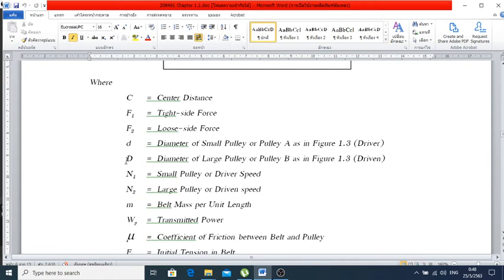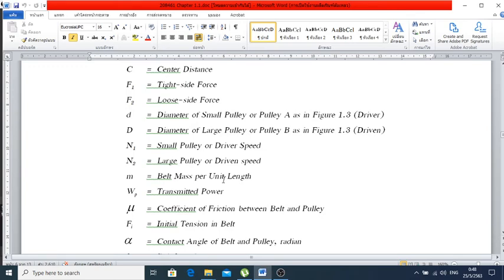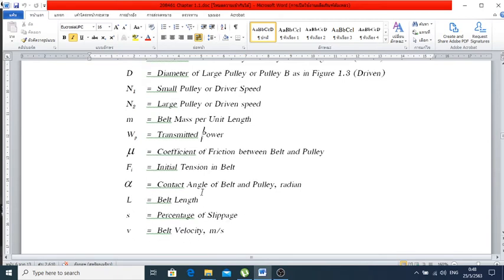And the capital D is going to be the diameter of the large pulley. N1 is going to be the speed, the subscript 1 standing for the small pulley, and N2 is going to be the large pulley, respectively. m is the mass per unit length, and W sub P is the transmitted power.